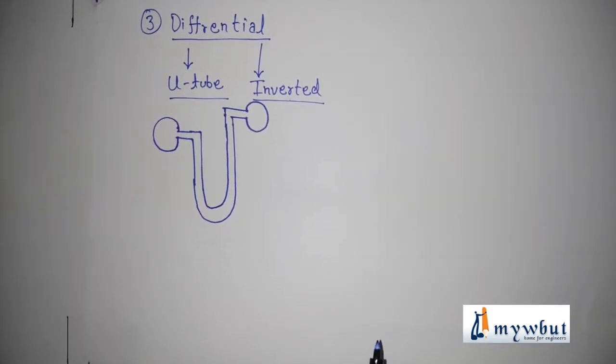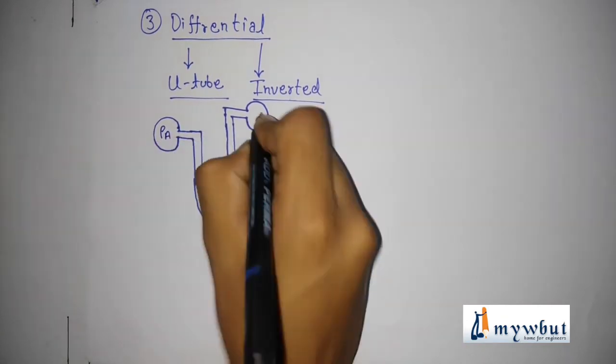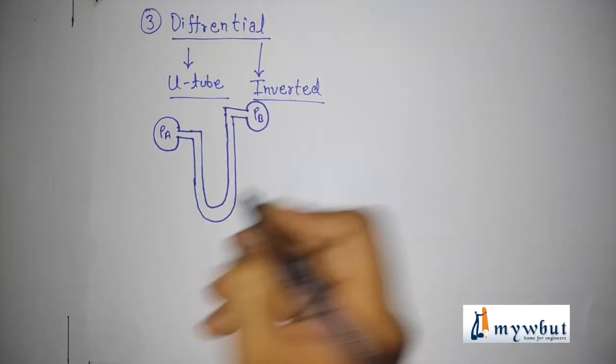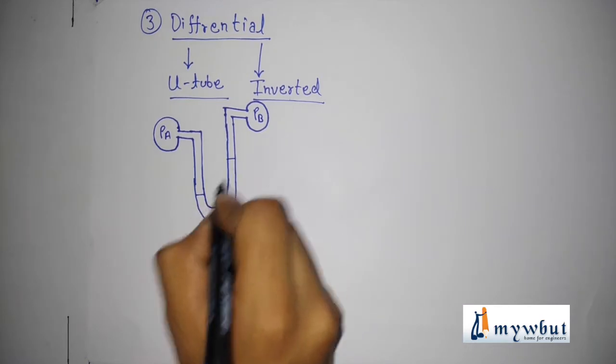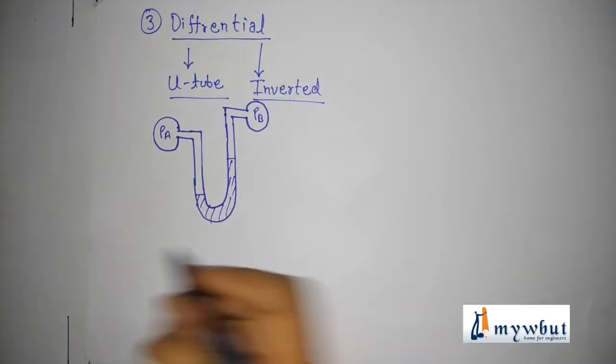Here, three different kinds of fluid are used for part A, for part B, and the third fluid is used to measure the elevation.